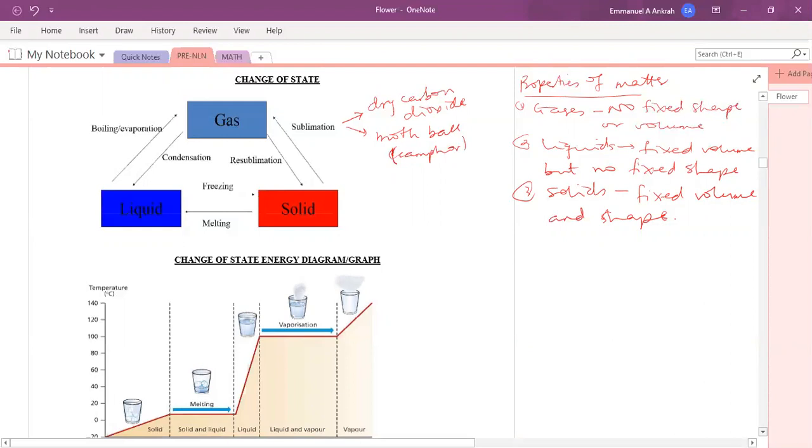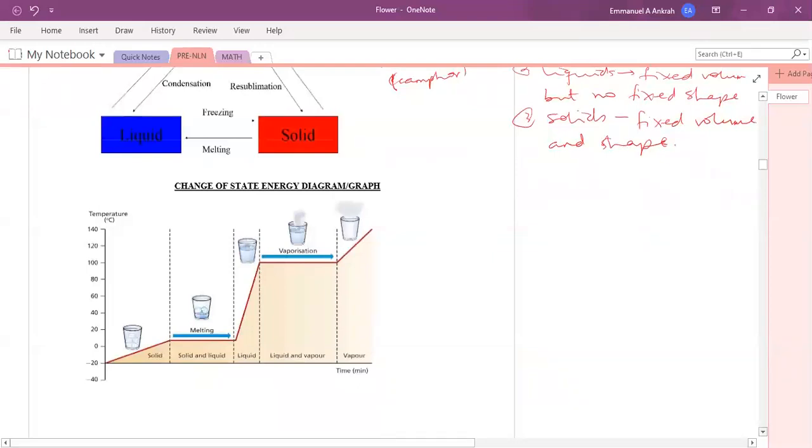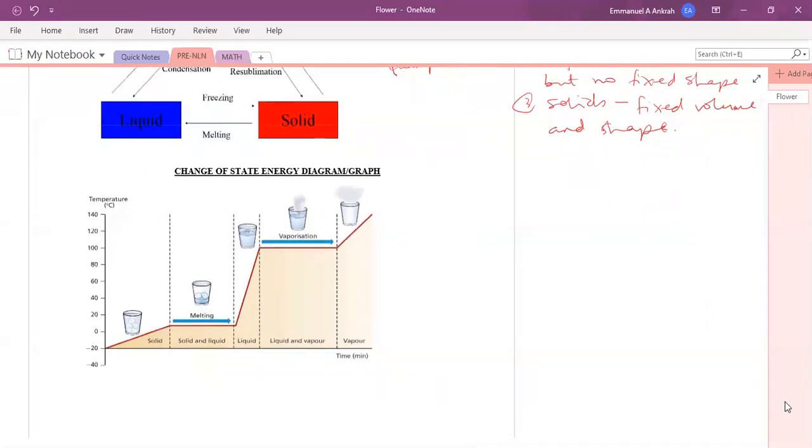Right. So let's go to the diagram below. Know this diagram very well. Change of state diagram. Okay. So let's begin by looking at water that is at negative 20 degrees.